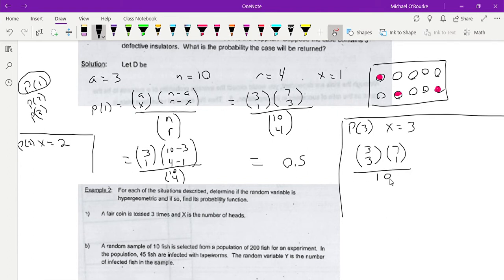Wait, so we choose 2 times 7 choose 3. No, 7, choose 2. Because this here is r minus x. My x value is 2, right? 4 minus 2 is 2.